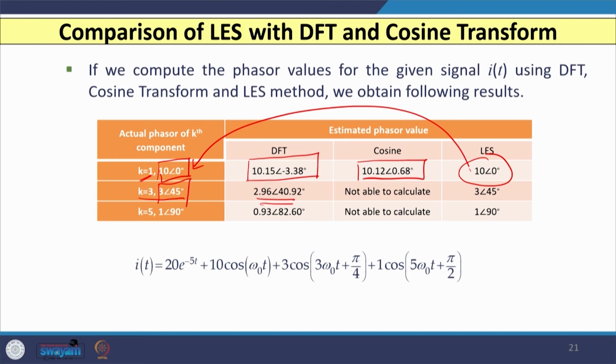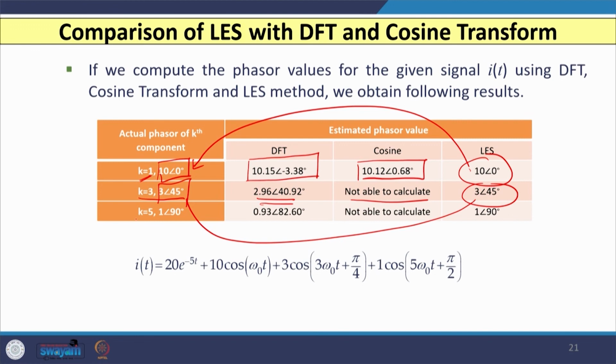However, as we have discussed, the cosine transform is applicable only for the fundamental component. If we want to apply it for third and higher order harmonics, it is not able to calculate the phasor value, so that is why it is unable to calculate this value. Whereas, if I use the LES algorithm, the value obtained for the third harmonic is exactly the same as 3 angle 45, the actual value.